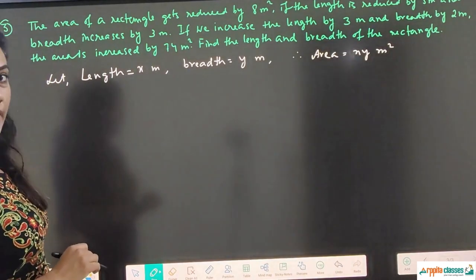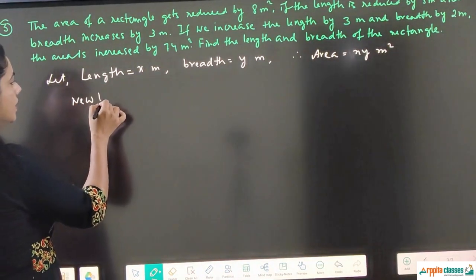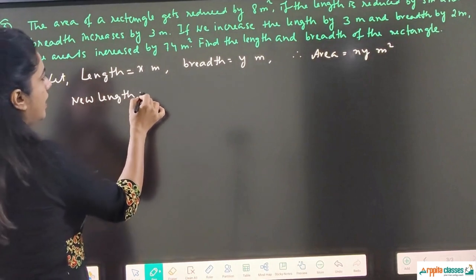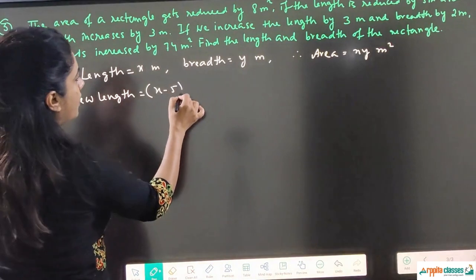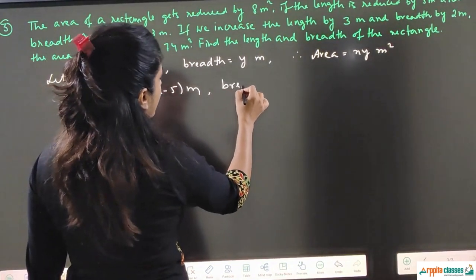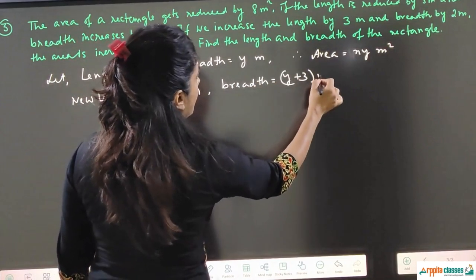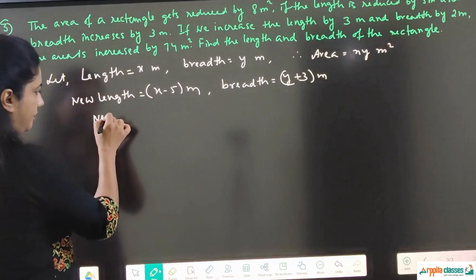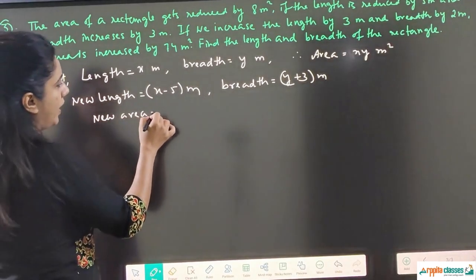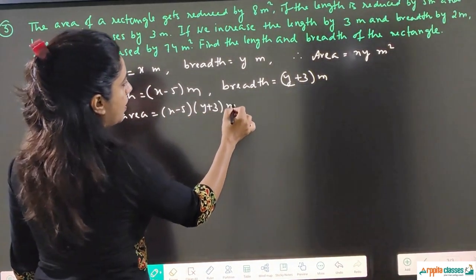Area gets reduced by 8 meter square if the length is reduced by 5 meters. So the new length is x minus 5 meter and the breadth increased by, so the new breadth is y plus 3 meter. So the new area, in this case the new area is x minus 5 into y plus 3 meter square.